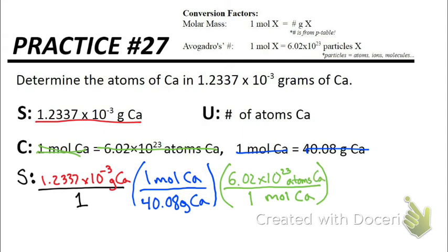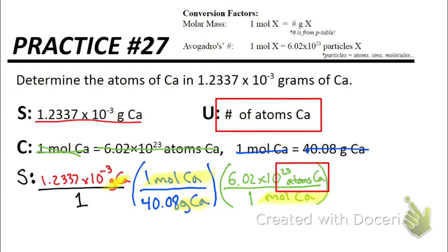Now I know I've set this up correctly because I've got grams of calcium canceling with grams of calcium, and moles of calcium canceling with moles of calcium, which leaves me with atoms of calcium.